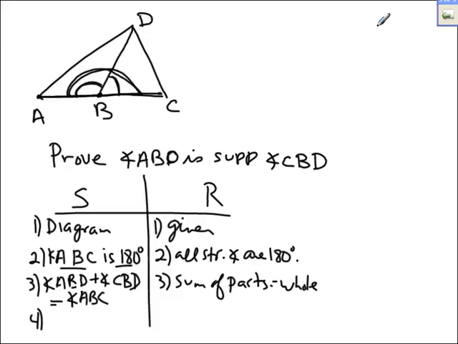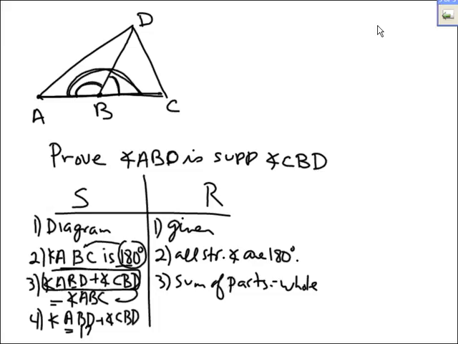So statement 4, I'll say that 180 degrees equals angle ABC, and when I put the box around, angle ABD plus angle CBD also equals 180 degrees.